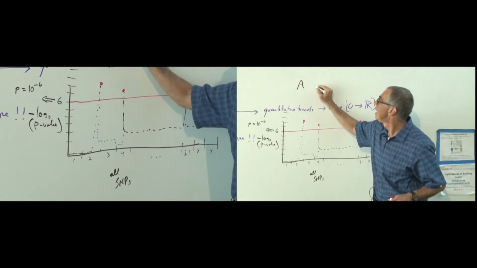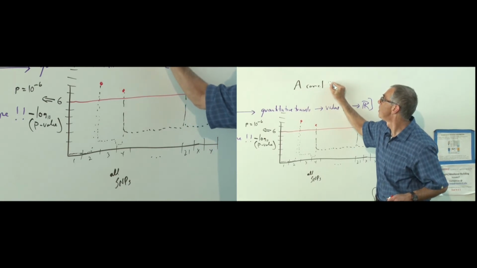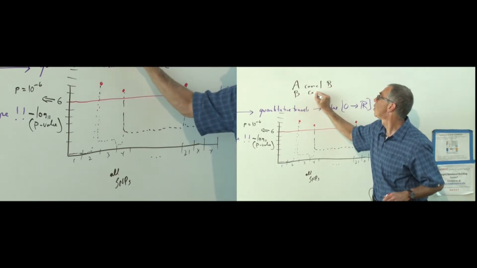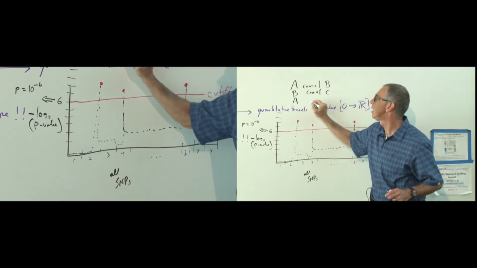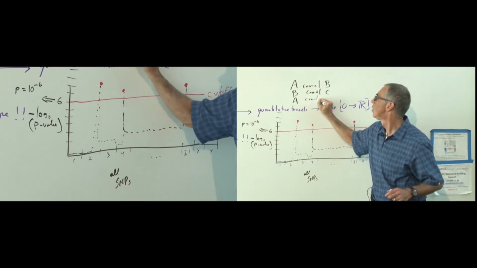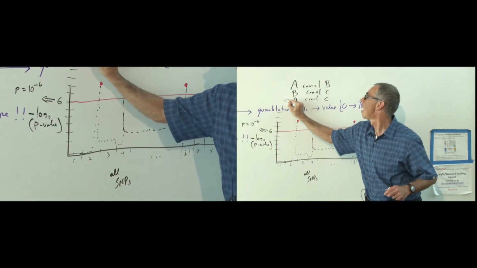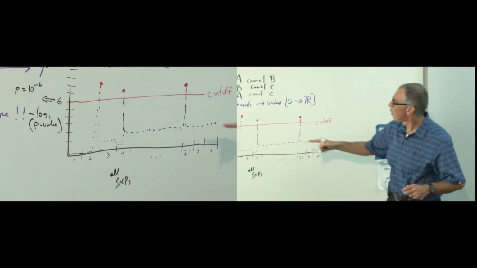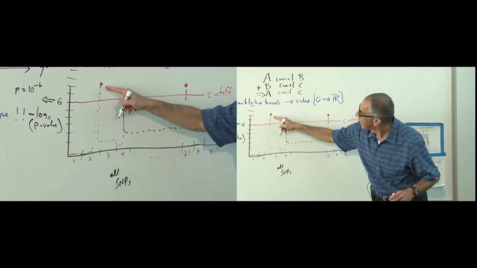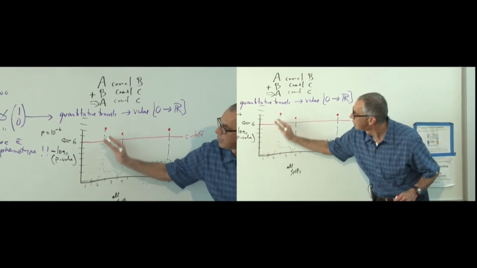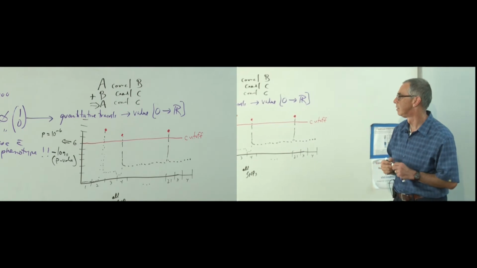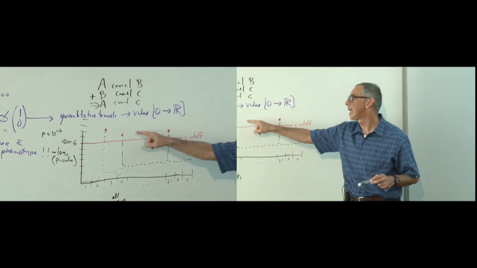If A is correlated with B, and B is correlated with C, then there's a chance that A will be weakly, but still correlated with C. And that's why you see several dots here, and the reason it falls off is because as you get farther, the LD erodes, and you see less of a correlation. So these are your 3 hits.